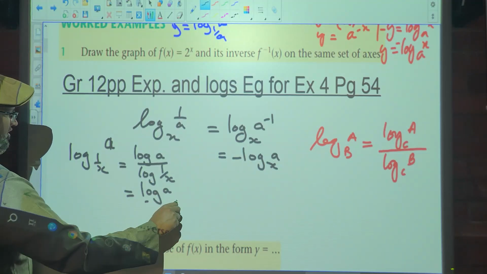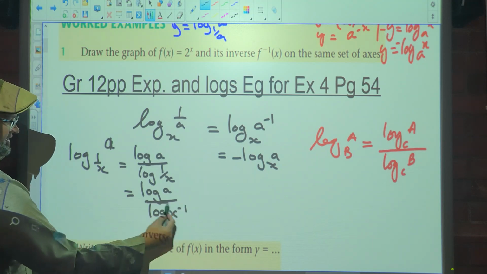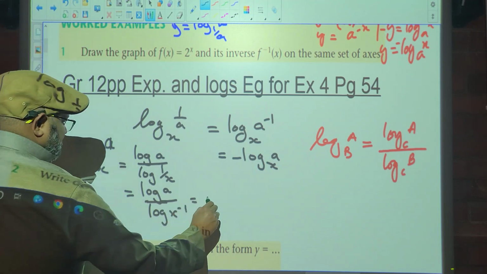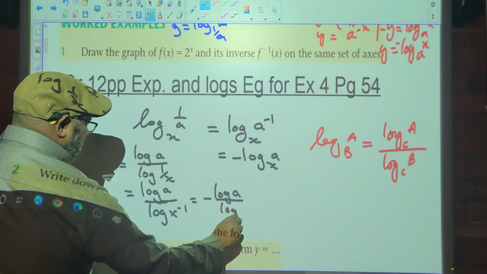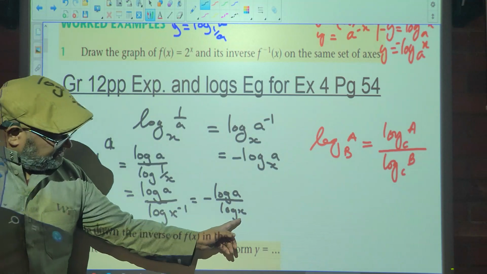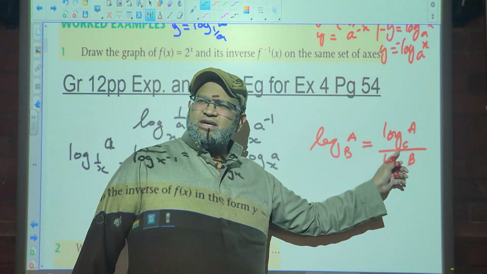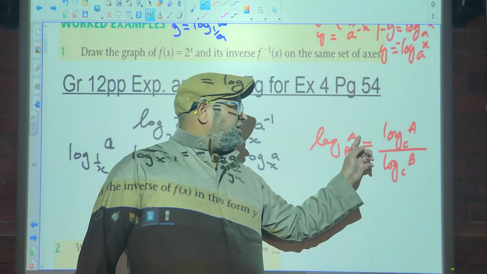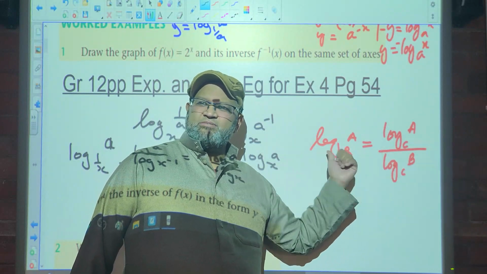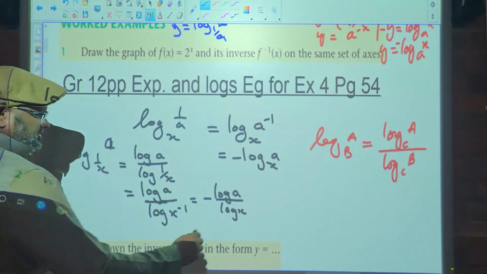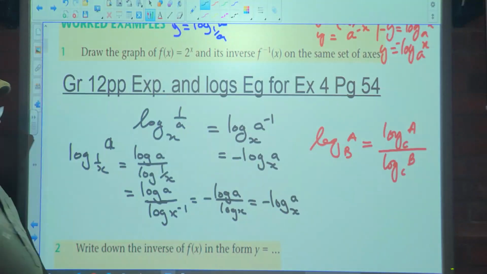So it's log a over log x to the minus 1. Where can this be written? Front. So that's going to be negative log a over log x. But remember, if it's written as log a base c over log b base c, it can be written as log a base b, where the denominator's number becomes its base. So that is simply negative log a base x.